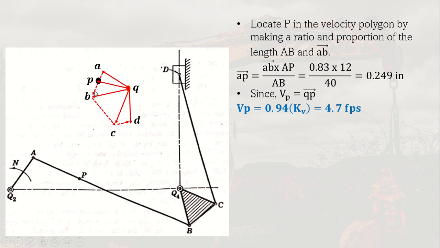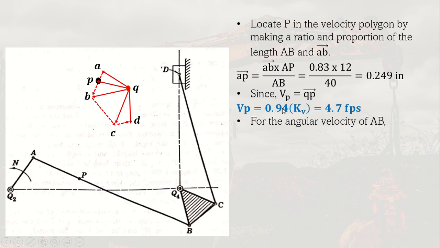As you can see here, all of these lines that are connected directly to Q are the absolute velocities. So the absolute velocity of A is QA, absolute velocity of P is QP, absolute velocity of B is QB, absolute velocity of C is QC, and then we have QD. And all these broken lines are the relative velocities.